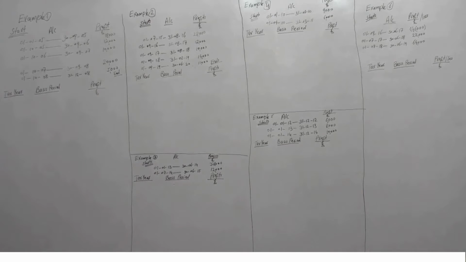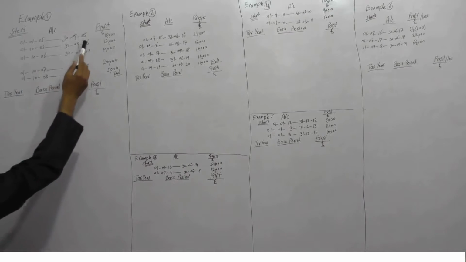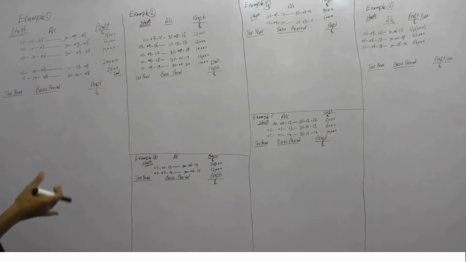So the business started its operations on 1st of January 2005, and its first accounting date was 30th of September 2005. That was our first accounting year, and the last accounting date was 30th of September 2009. This date is called the accounting date, when the business is ending its account.